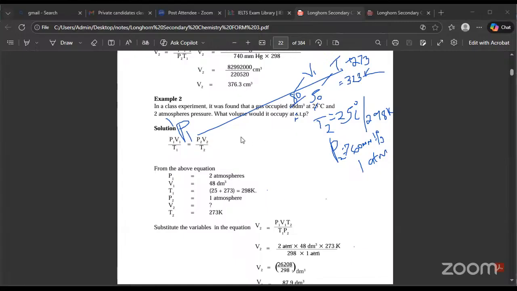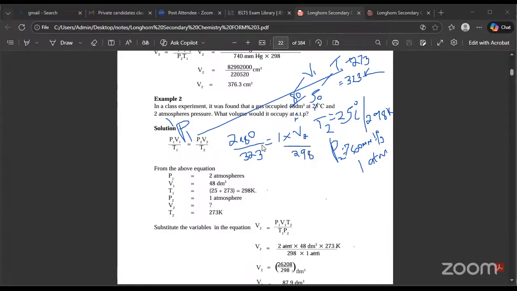So we have P1 is 2, V1 is 80, over T1, which is 323, equivalent to P2, which is 1 in our case, multiplied by V2, which we don't know yet, over the temperature, which we know is 298.